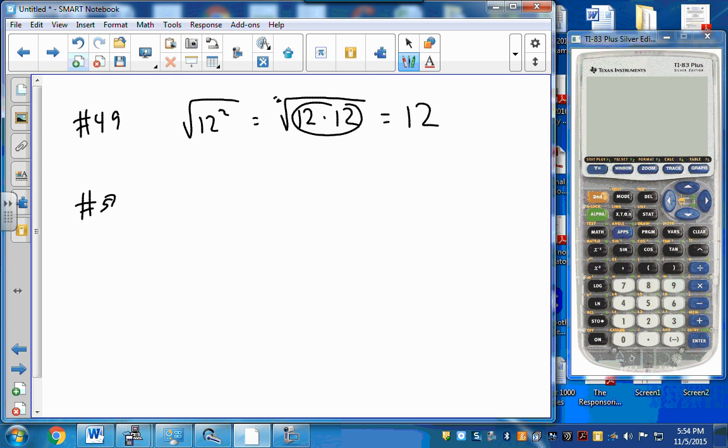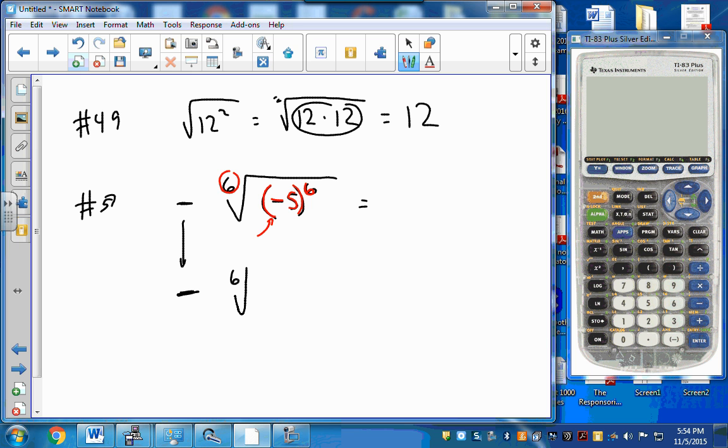Number 57. We have the opposite of the 6th root, and then in parentheses here, I've got -5 to the 6th power. So you might be a little concerned here with the even index and the negative number there, but when we have -5 raised to an even power, to the 6th power, that is going to be a positive number. I still have the opposite out front. I got to not forget that.